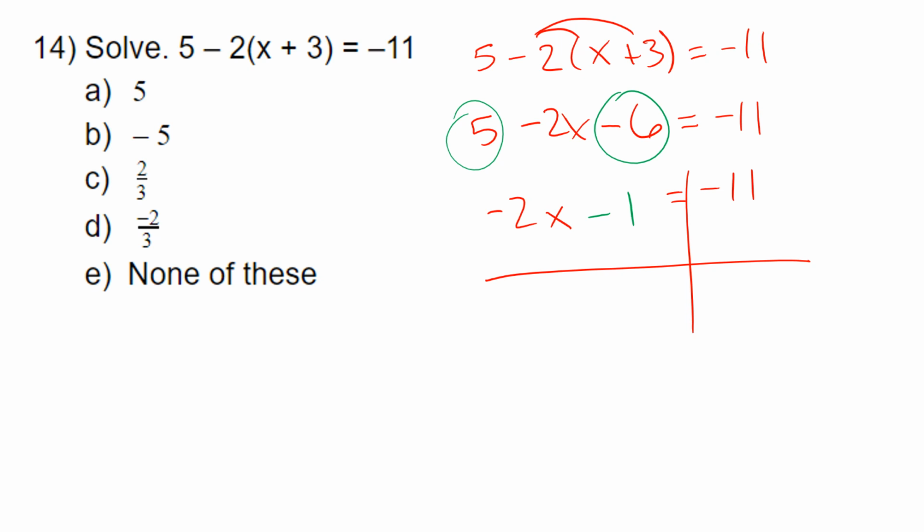I'm solving the two-step equation by adding 1. -2x equals what? -11 plus 1, that's -10. And so x is going to be -10 divided by -2. Remember, negative divided by negative is a positive, so that's going to be 5. It's A.